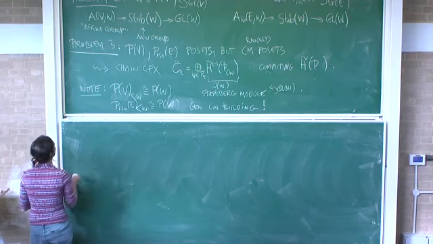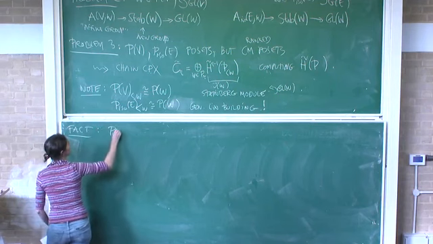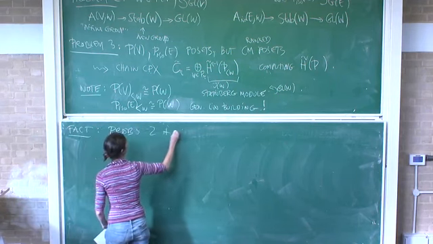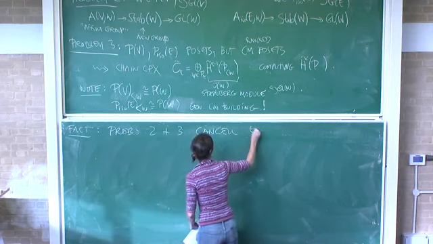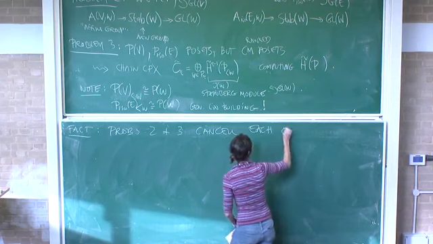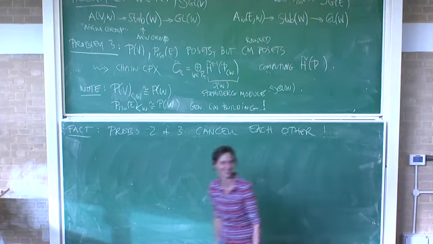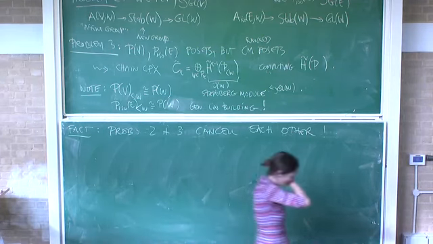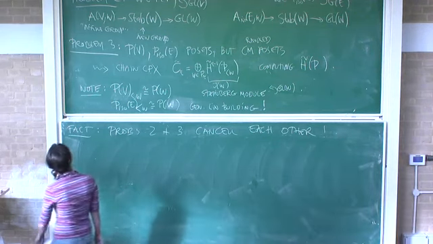And so the fact is that problems 2 plus 3 cancel each other. Why do they do that? To help. How? Okay. So what will happen?